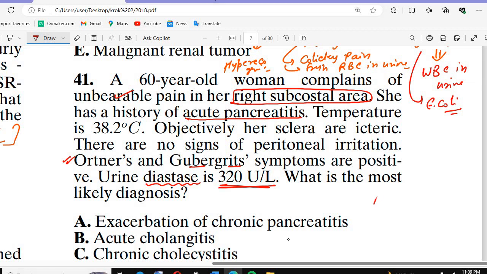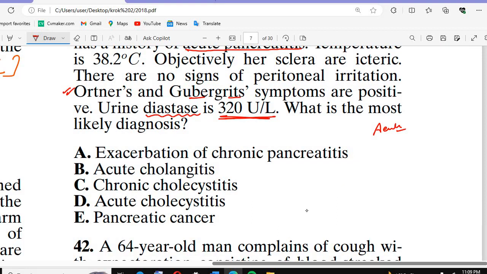In acute pancreatitis what we discussed, which sign will be there? The Grey Turner sign. If you see there is pain in the epigastrium, along with the Grey Turner sign, this pain will be relieved when we lean forward.